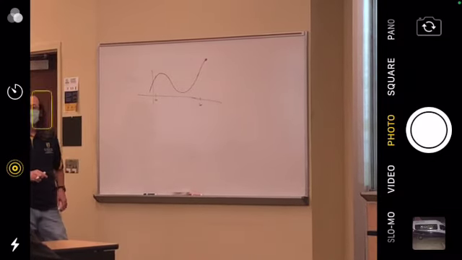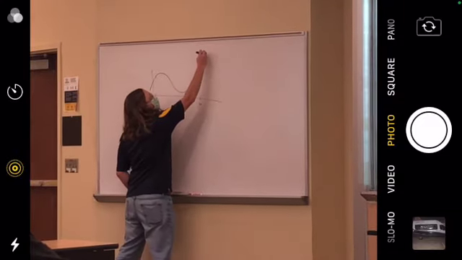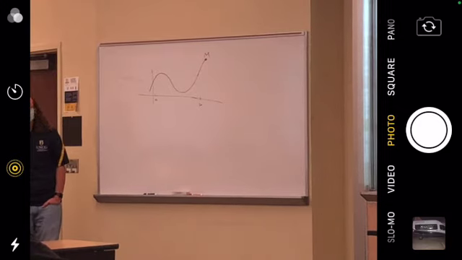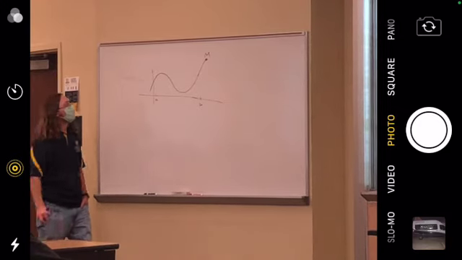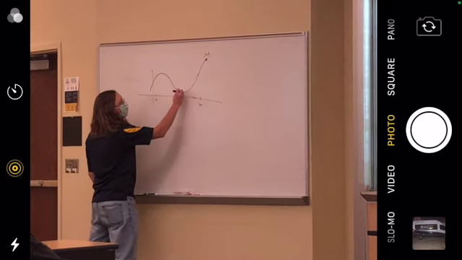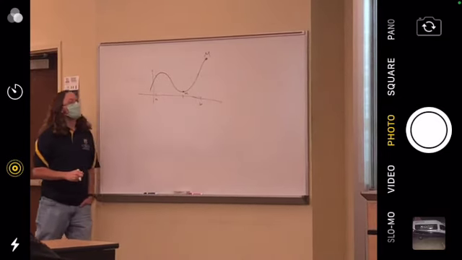What would be the biggest value? The biggest value happens here. If I plug in the number B, the biggest y coordinate would be that big value. What about the minimum? It's right here. This would be my minimum value.